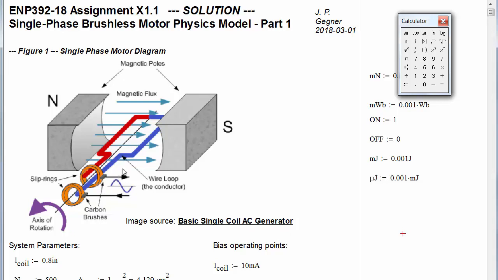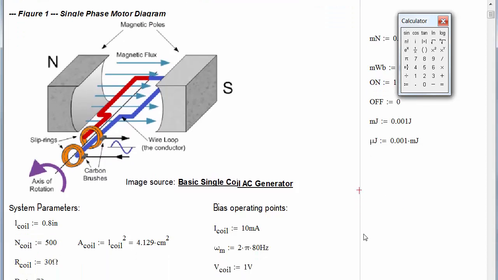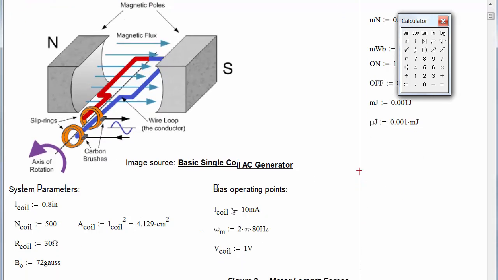We apply either a voltage across the coil or we drive a current. If we're going to drive a current, then we're going to use 10 milliamps. If we're going to drive a voltage, we're going to assume 1 volt. We also are going to assume a rotational speed operating point of 2 pi 80 hertz.